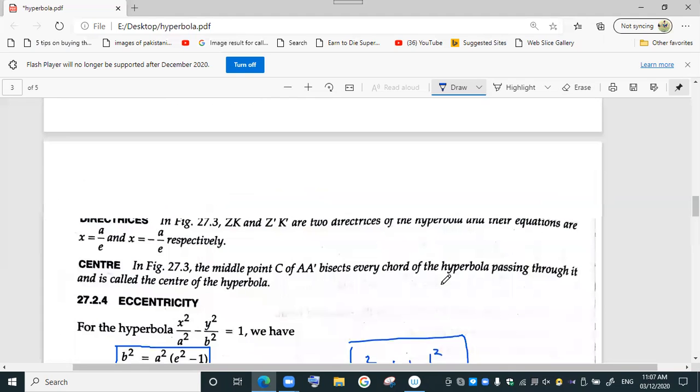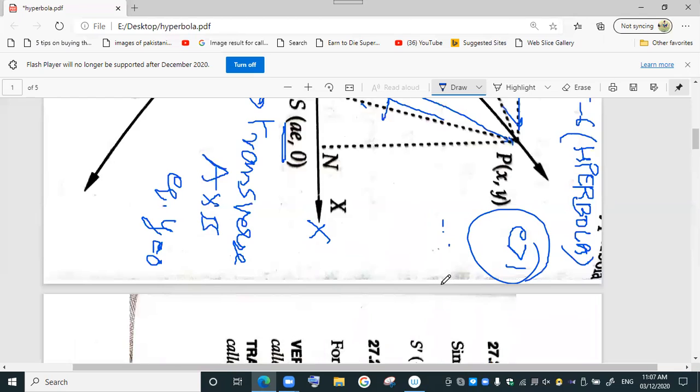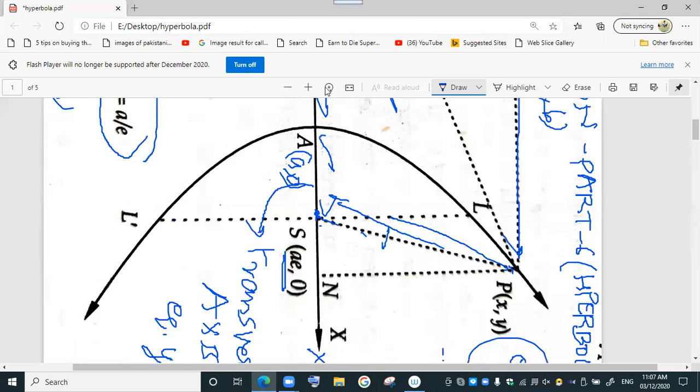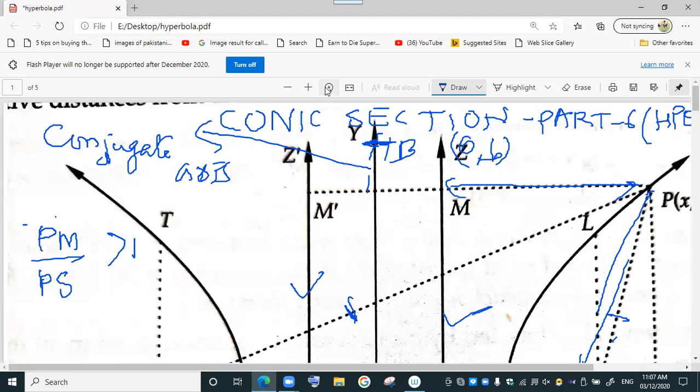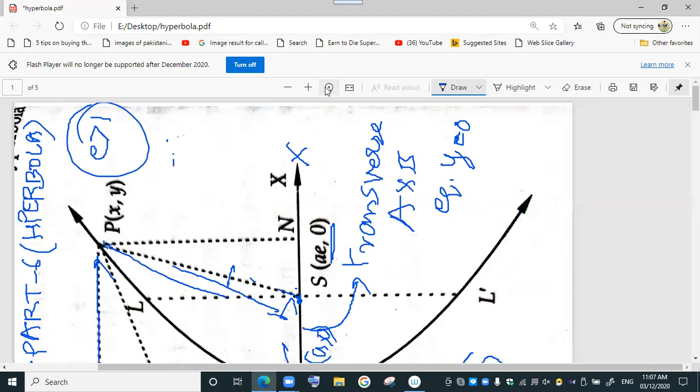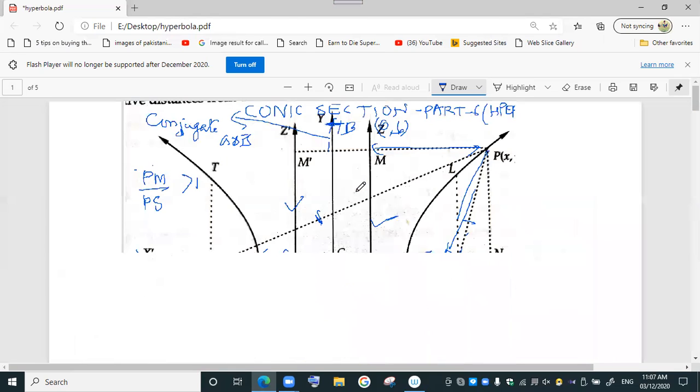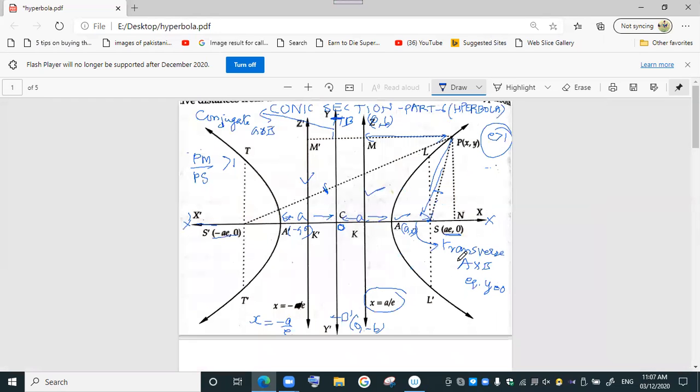The length of this transverse axis is a plus a, 2a. That was in ellipse. Same, the length of A A dash is 2a always.